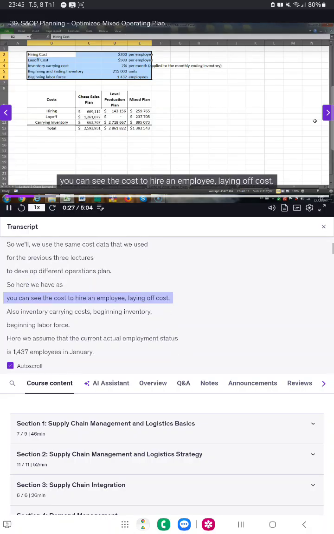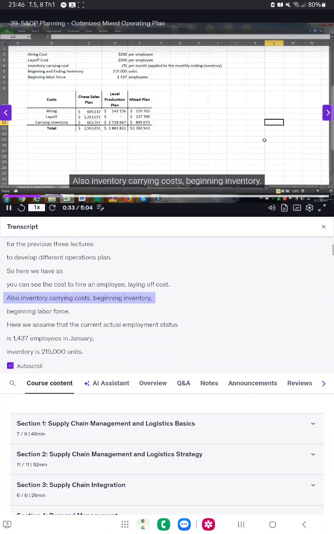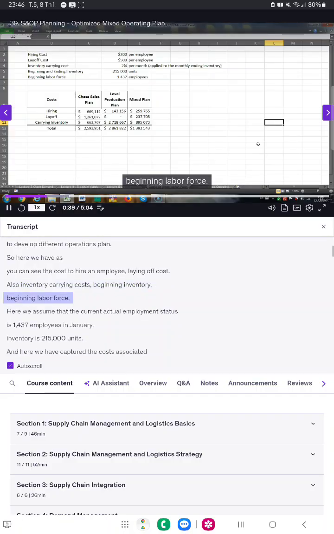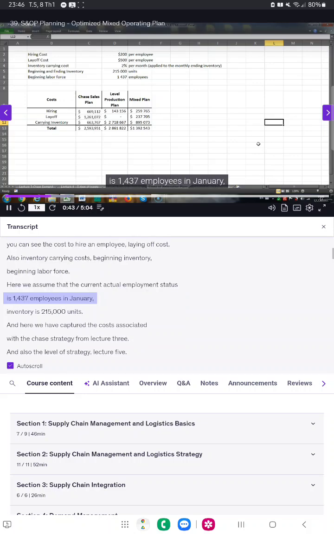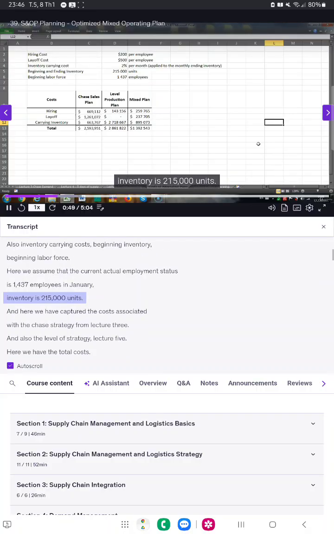So here we have, as you can see, the cost to hire an employee, layoff cost, also inventory carrying costs, beginning inventory, beginning labor force. Here we assume that the current actual employment status is 1,437 employees in January. Inventory is 215,000 units.